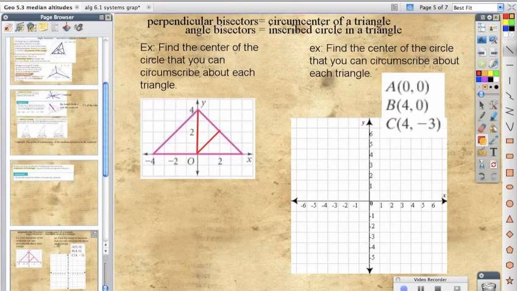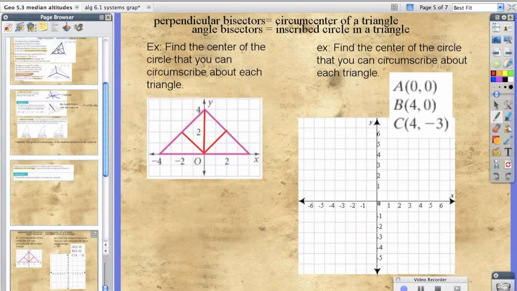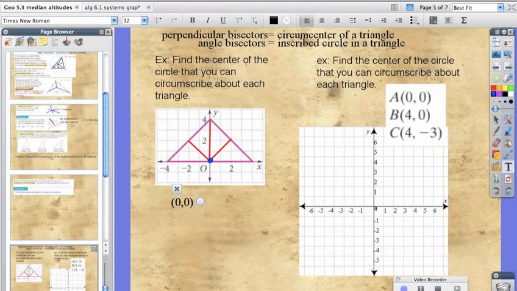Notice it cuts it in half and is perpendicular. And same for this one. Now we're going to look at where these three lines intersect, and in this instance, they intersect at the point 0, 0. Therefore, the center for our circumscribed triangle is 0, 0.